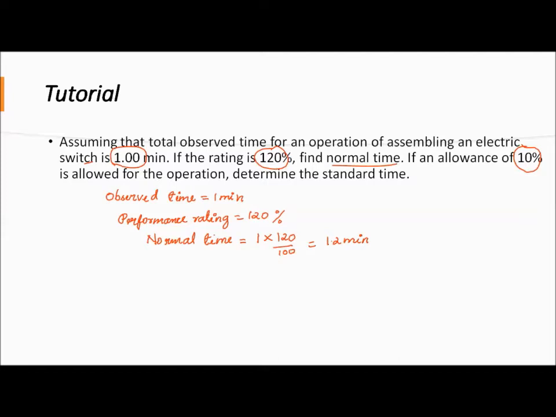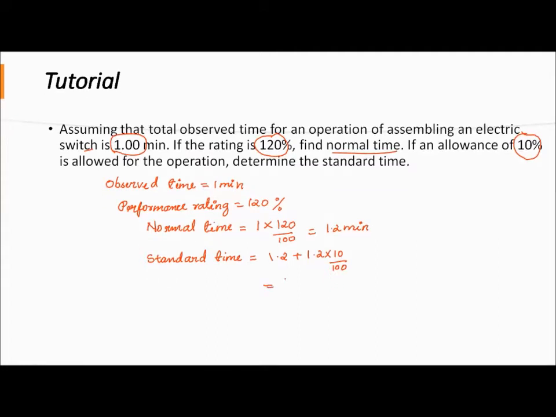But there is an allowance of 10 percentage. So the standard time should consider that allowance too. So the standard time is equal to your normal time, that is 1.2, plus an allowance of 10 percentage, so into 10 divided by 100.